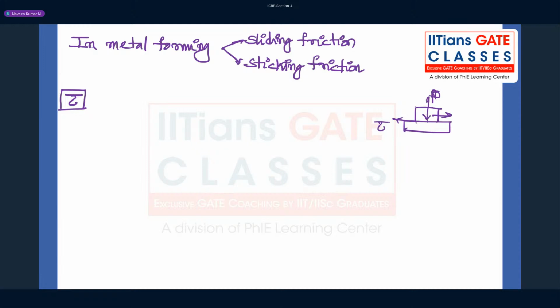Of course, mg is equal to N, right? In the same way, in sliding friction, tau is equal to mu times p, where mu is the coefficient of friction, static friction. In sticking friction, tau is equal to m times k, and this m is what is called the friction factor.